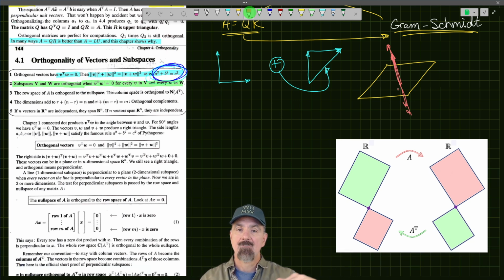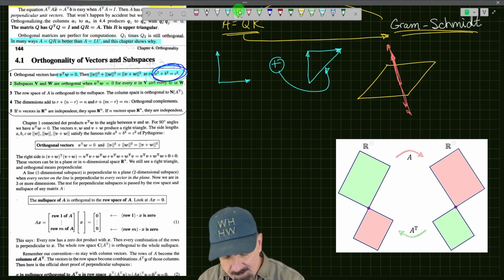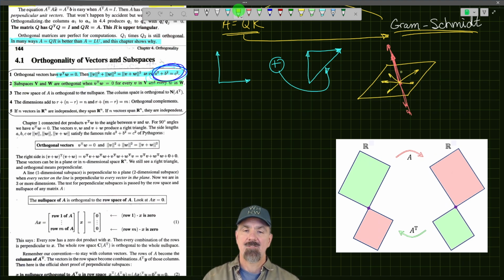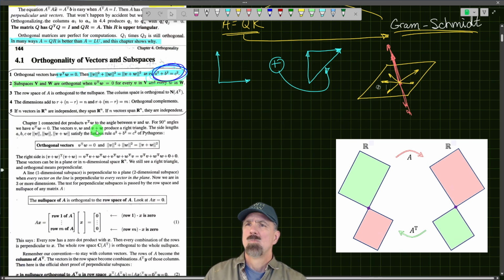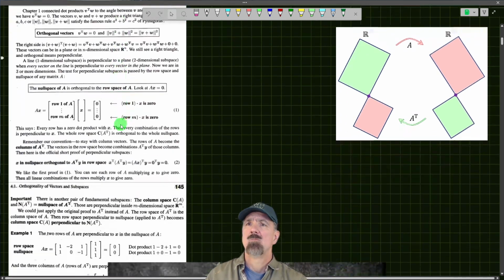And similarly, every vector that's in the plane, no matter which vector I select, is orthogonal to the vectors in the one-dimensional subspace. That's what it means to be orthogonal subspaces. There's a little bit more here. This is the Pythagorean theorem piece of it.